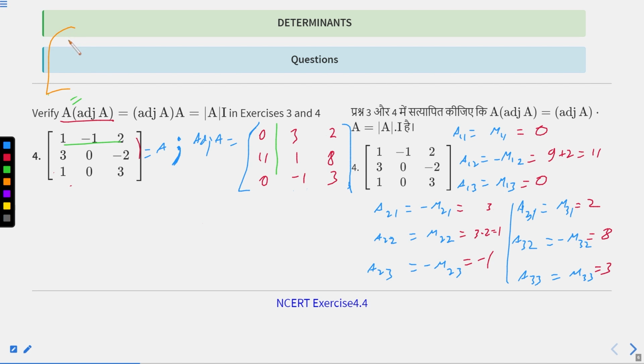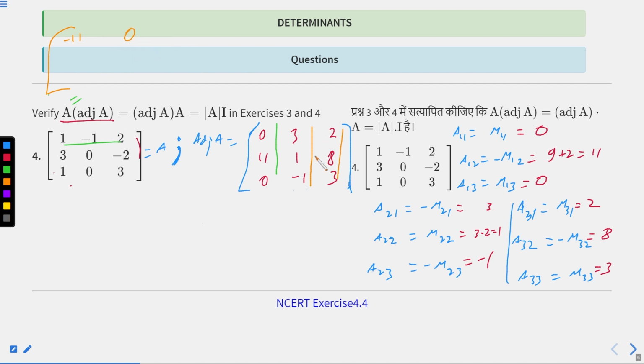So you will get 1 multiplied by 0, minus 11. This entry will be minus 11. Now multiplying with this: 3 minus 1 minus 2, this means 0.